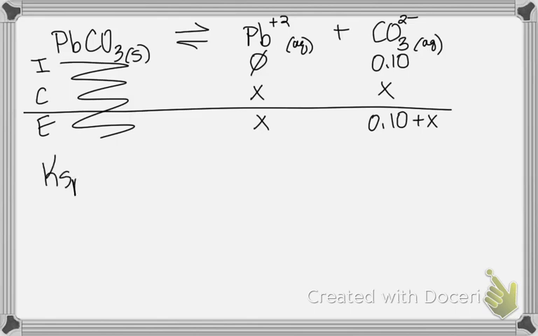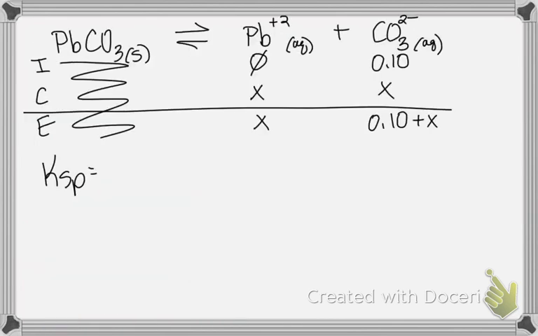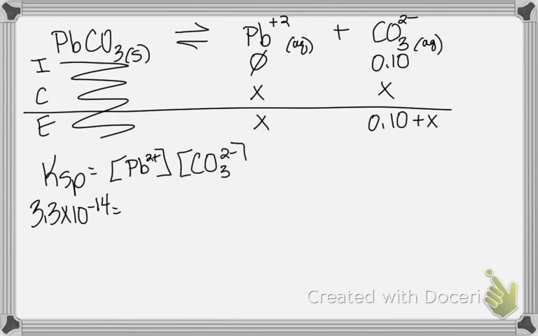So the KSP, which is 3.3 times 10 to the minus 14, is equal to the concentration of the lead times the concentration of the carbonate.